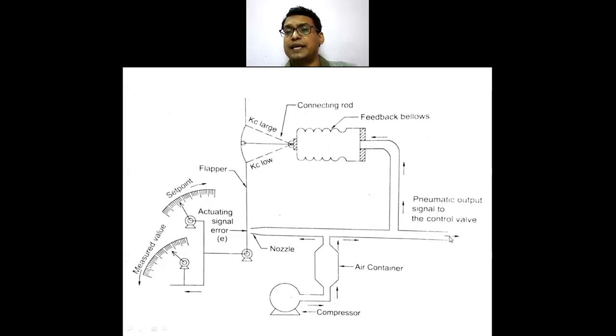So this is the simplest arrangement. Now in addition to that, there is a feedback bellow provided, which is associated with your steady state gain. That is, Kc large means steady state gain values are large, and otherwise steady state gain values are low, for which I can adjust this connecting rod. Depending on this adjustment, this bellow exerts a back pressure also, in addition to the nozzle pressure, and you get the air back pressure that goes to a control valve.